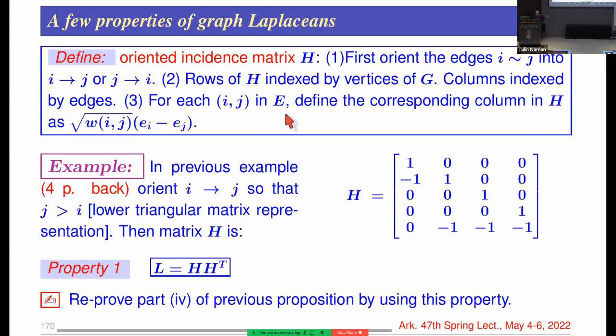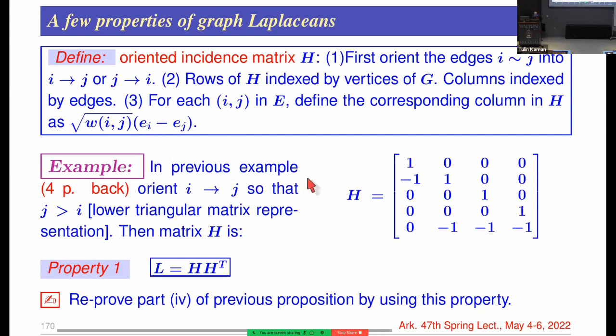For each edge ij, let's forget the scaling first, you put a 1 in i and -1 in j if the edge goes from i to j. And then you scale that by the square root of wij. So if wij is 1, this doesn't matter. Here's the example I showed earlier.